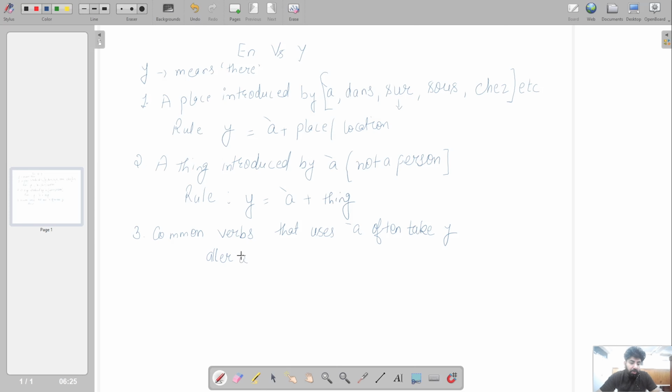Aller à. So when this arrives, you have to just write y va. Okay, so basically, if you remember, this à is the one which is actually helping us by telling us what exactly should be coming. So it is going to be aller, then you just write y in your aller.